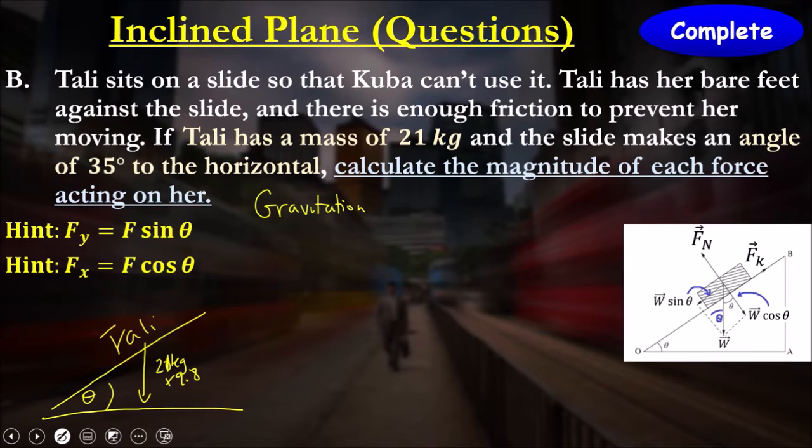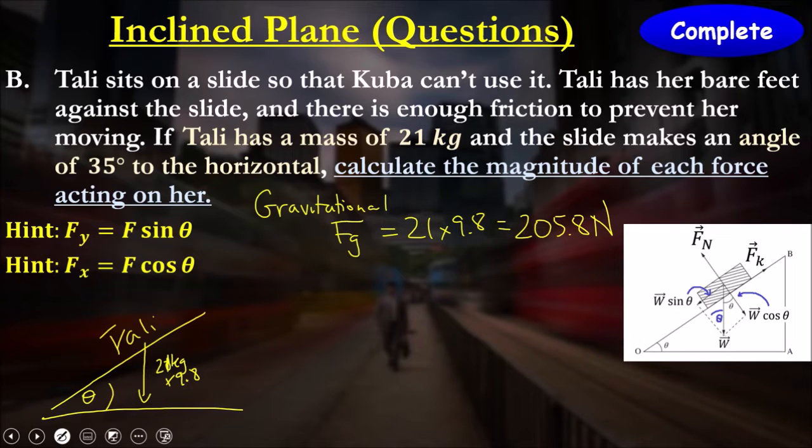Gravitational force would be the first one, and that's Fg. So 21 times 9.8. So she has a total gravitational force of 205.8.